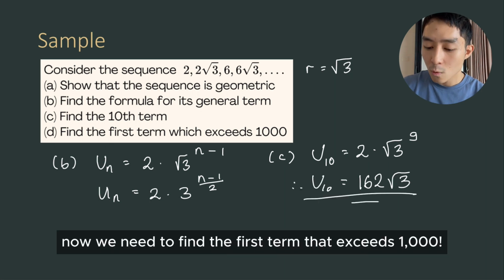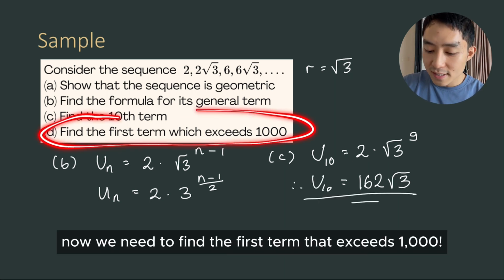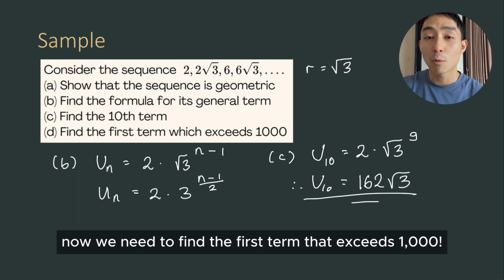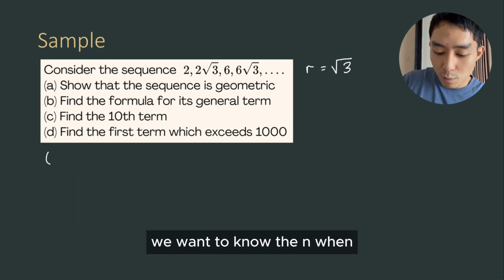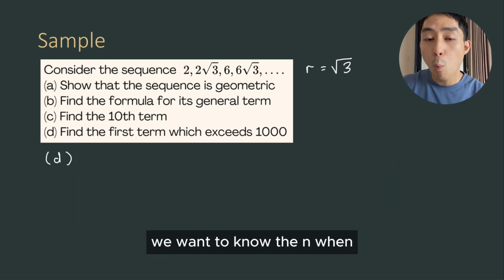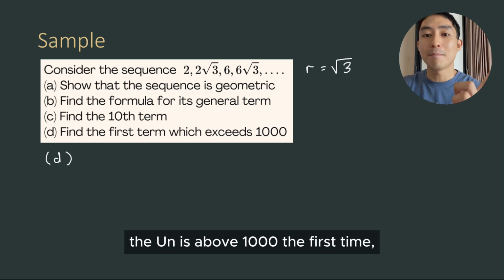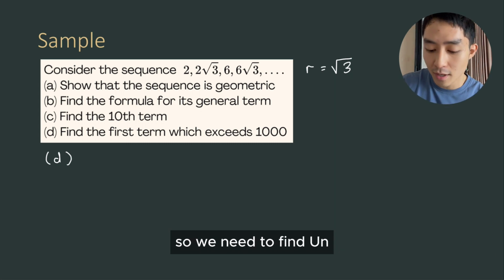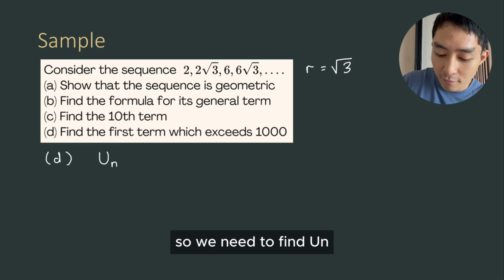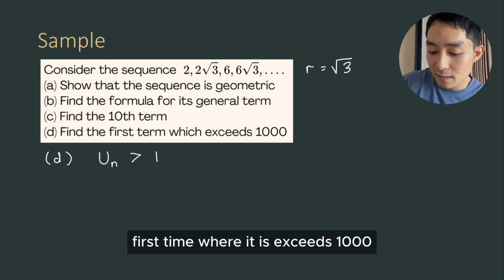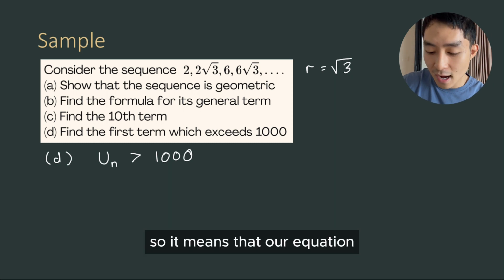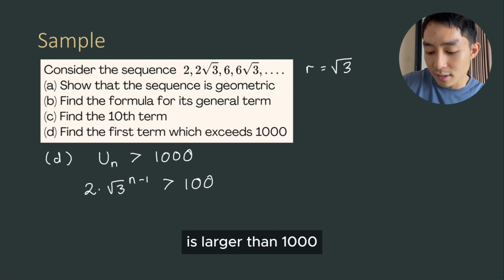Okay, now we need to find the first term that exceeds 1000. So in this case, we want to know the n when the un is above 1000 the first time. So it means that our equation is larger than 1000.